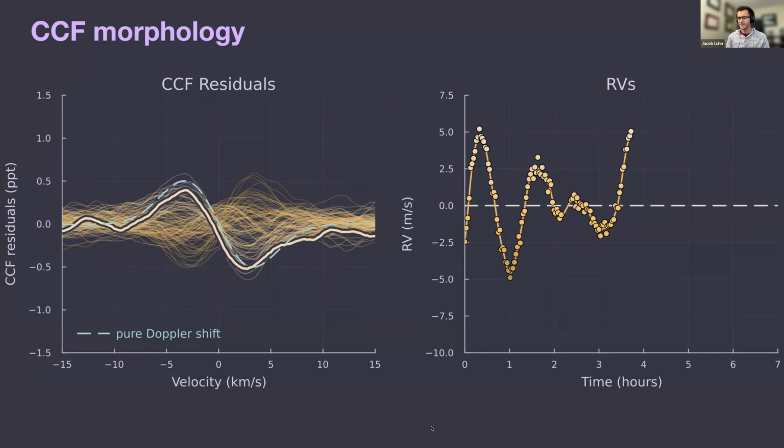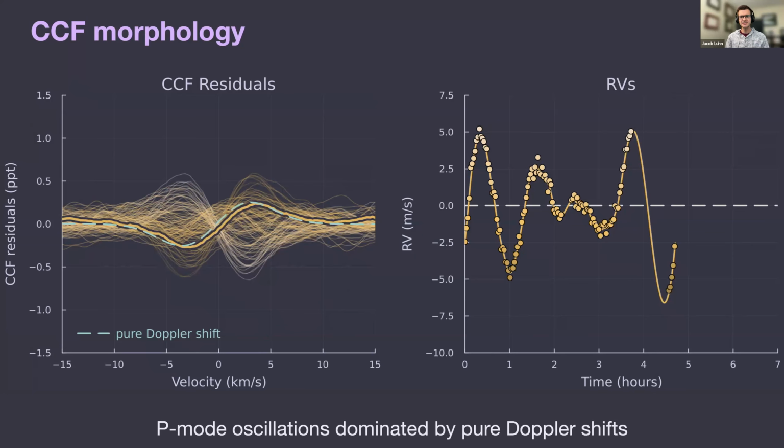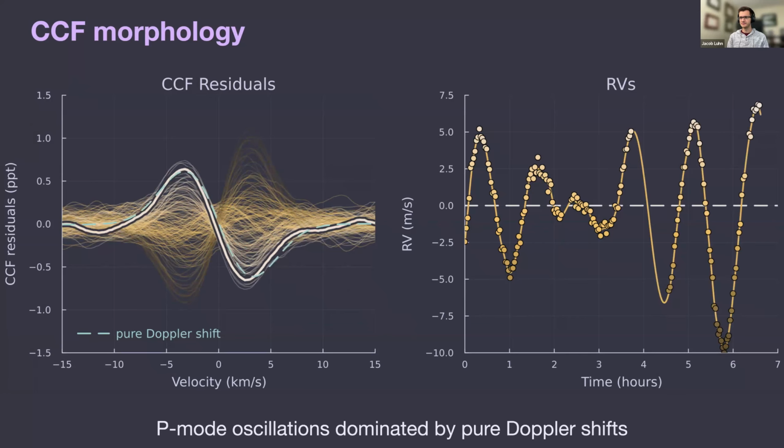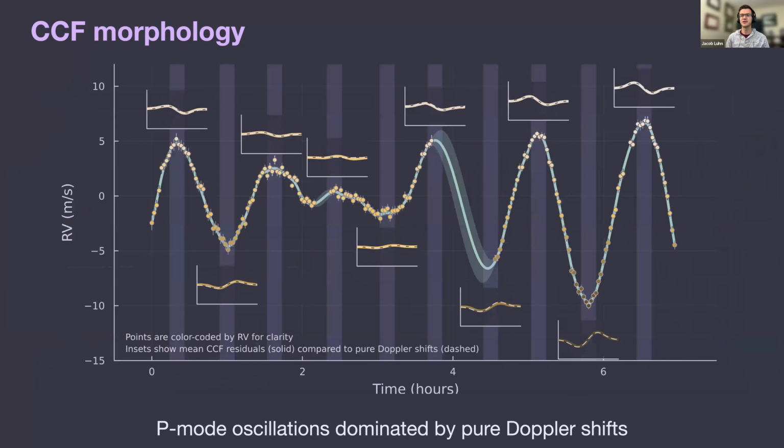And we can look at this in another way, rather than looking at it in an animation sense. We can look at the extrema, so all of the peaks and the valleys here, bin up over those observations and see that again we're getting a similar result, that these p-mode oscillations appear to be following pure Doppler shifts.